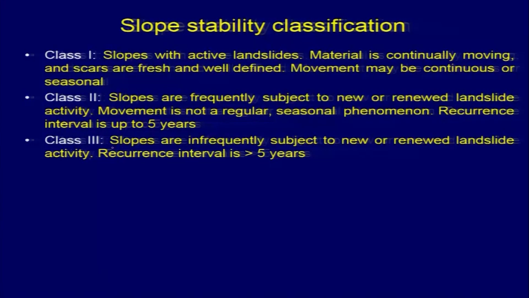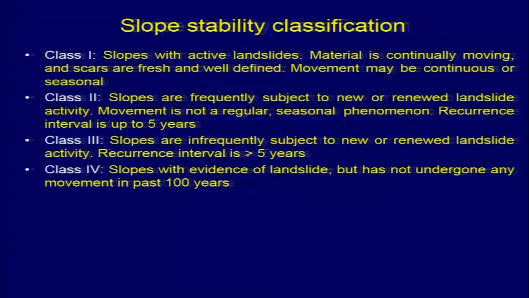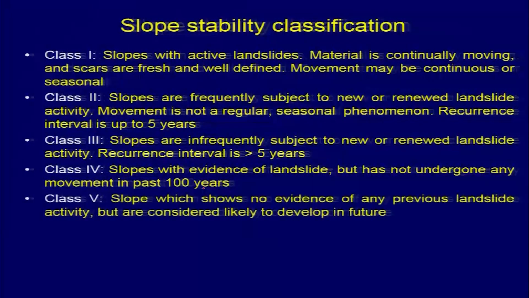Slopes, that is class 3, are infrequently subject to new or renewed landslide activities. Recurrence is greater than 5 years. Class 4, slopes with evidence of landslide which have not undergone any movement in the past 100 years. So this is more or less on the safer side, but of course you cannot deny that it will not have a landslide.